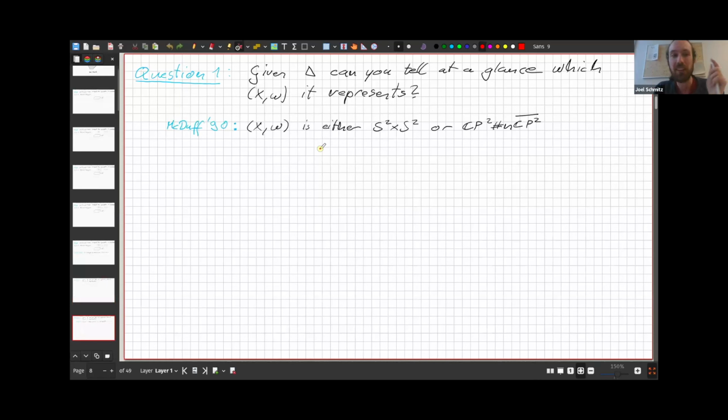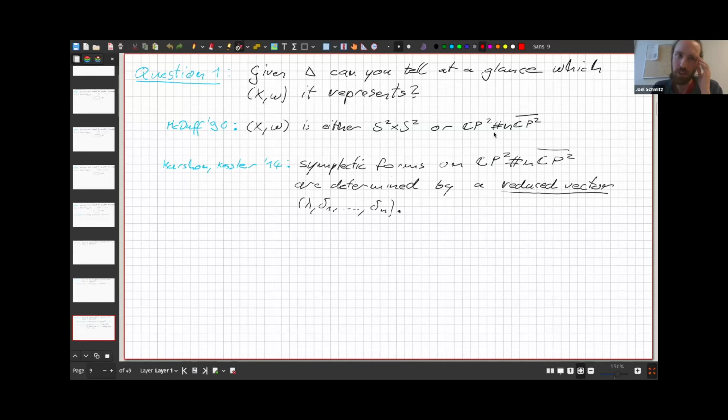In the 90s, McDuff showed that, so we're still talking about compact symplectic four manifolds, that (X, ω) is either S² × S² or some blowup of CP². So this limits what you need to study.